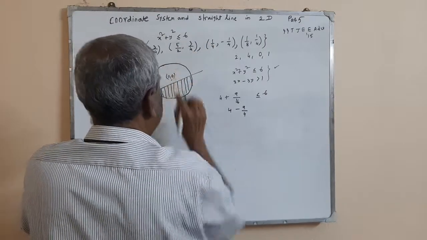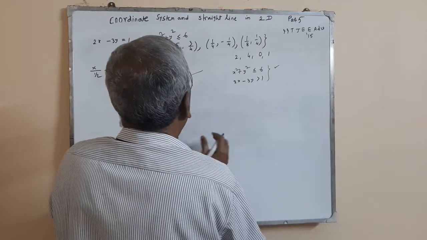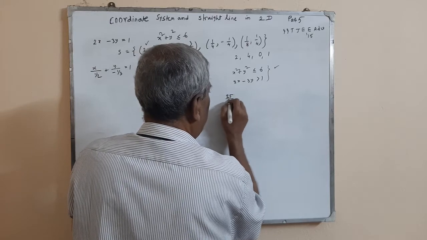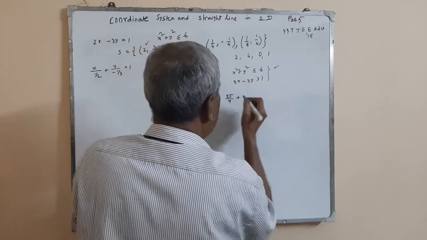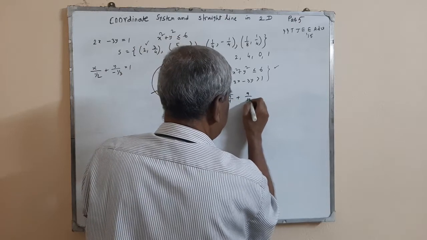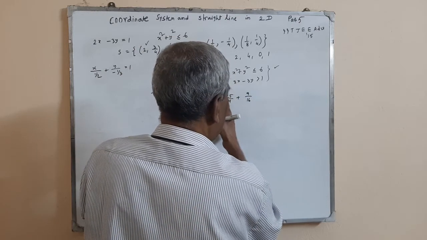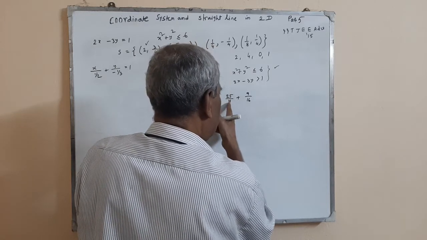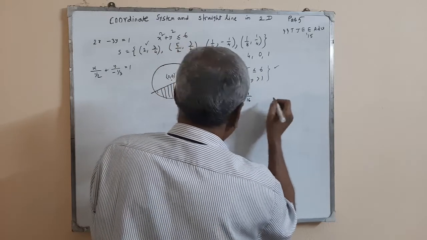Now consider this, 5 by 2 and 3 by 4. 5 by 2 squared means 25 by 4 plus y square means 9 by 16. This is greater than 6, so it cannot be less than 6.